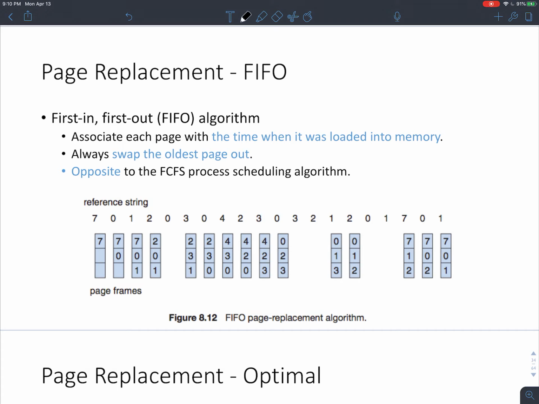It's called first in first out. If you remember the CPU scheduling algorithm, you should probably remember first come first serve, and they're essentially the same thing. First in first out means that whenever we need to kick out a page, we kick out the page which came into the memory first.